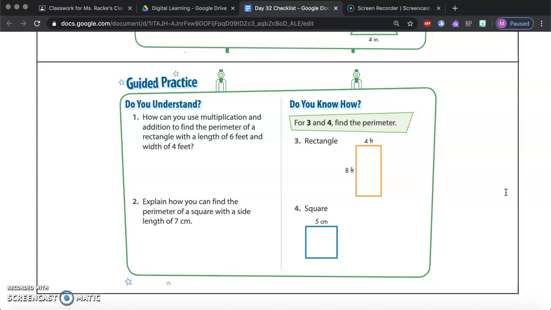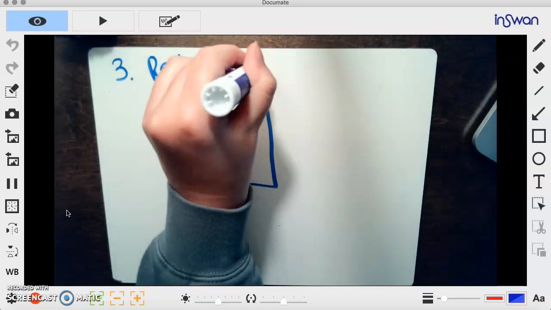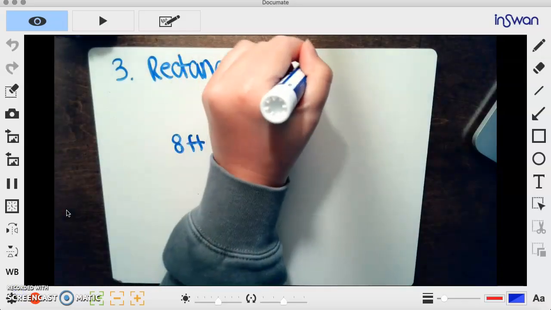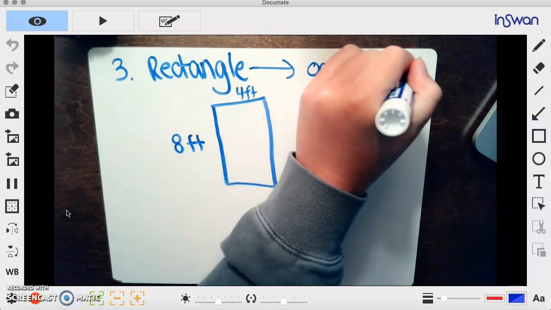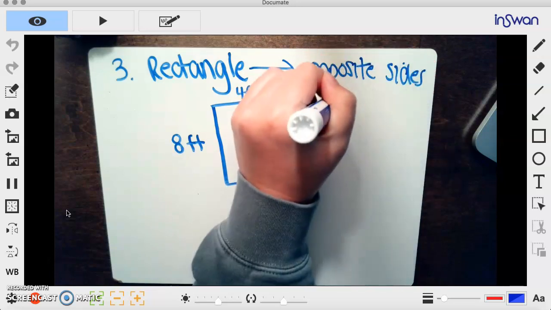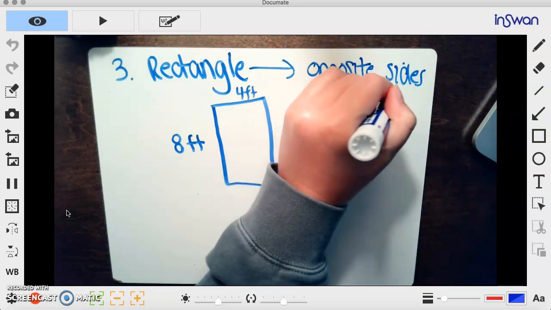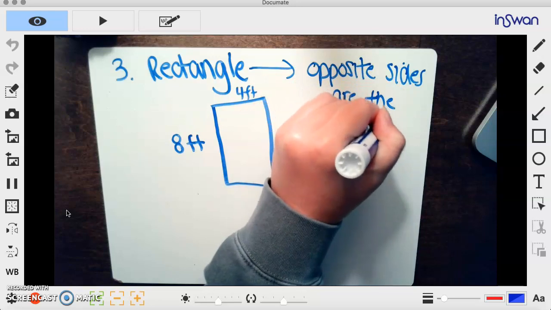So for my rectangle, I can see that the top part is 4 feet and the side is 8 feet. So knowing my rules for rectangles, I know that my opposite sides are the same length.